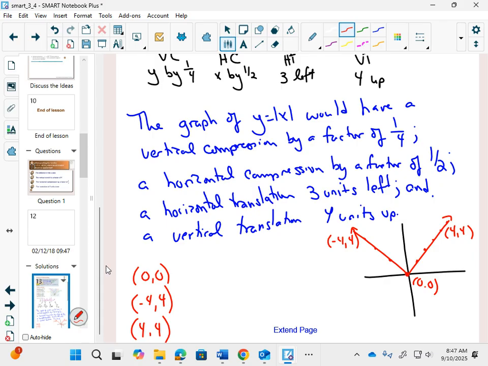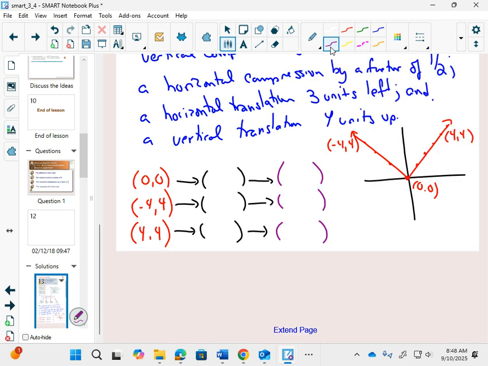But now that we have so many things happening, I like to do it in 2 stages. I like to do all my stretches, compressions, and reflections first, and then all my translations second.